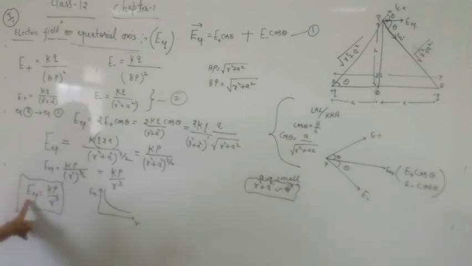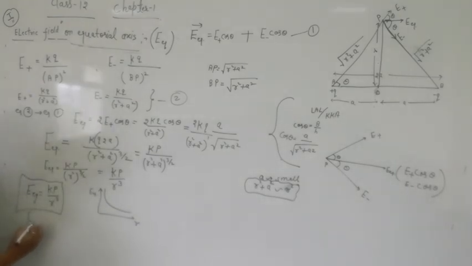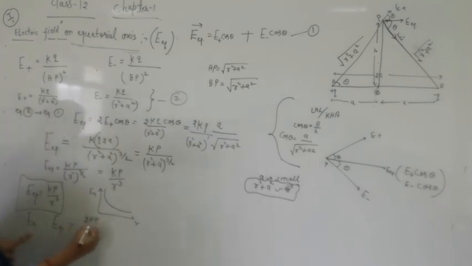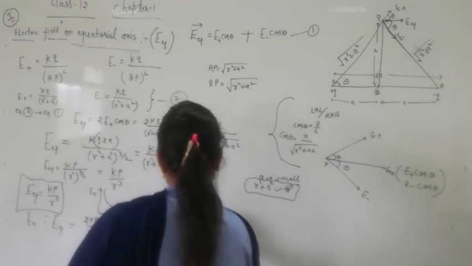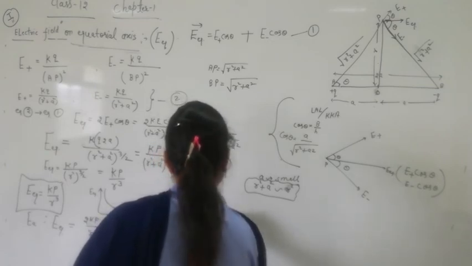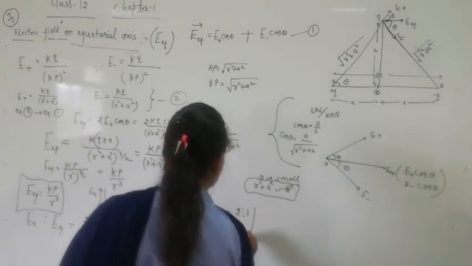The ratio of the axial electric field to the equatorial is 2:1. So EA is to EQ equals 2:1.